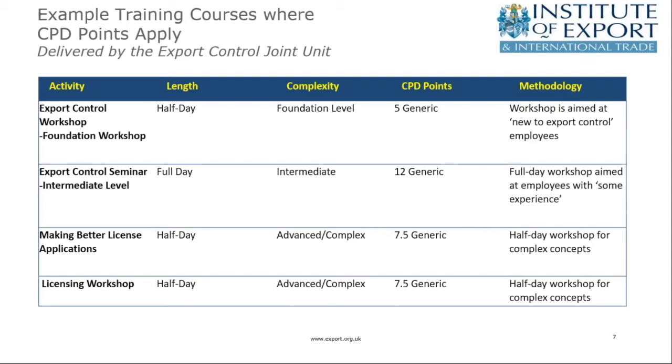So clearly for an advanced complex course, it's more complex and in theory difficult. So therefore there is a higher number of CPD points applicable here. So again, that's important to note the difference here in terms of complexity to some extent, but length of the day, full day, half day, evening event, for example. So that's to give you some ideas, and obviously there's details on the website as well as on these slides. If we move on to the next slide, please.